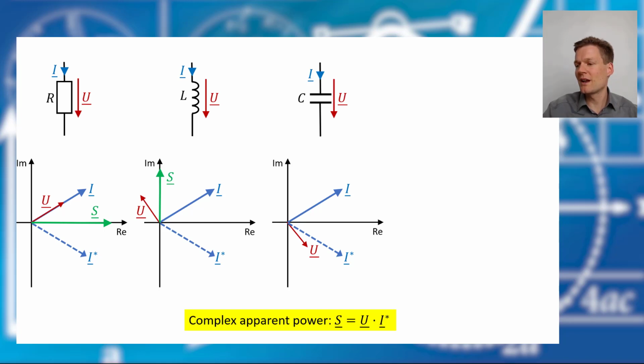And if we multiply voltage and the conjugate complex current, then it leads to an apparent power which is pure imaginary and with a negative sign. Hey, cool! We wanted the apparent power at the capacitor to be negative, and now this happens automatically.